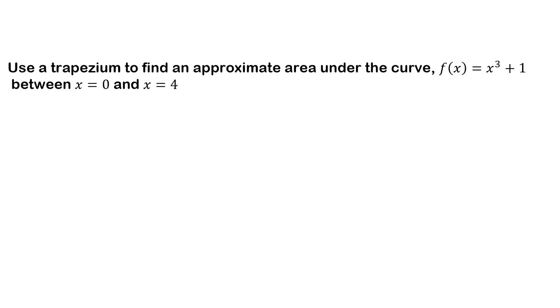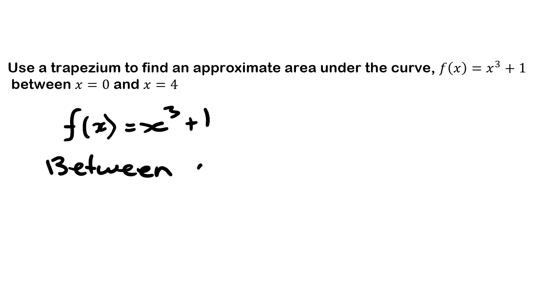So we have our function, and it's between x equals 0 and x equals 4. So we need to find our y values here, the heights, and this is going to be our a and our b values.